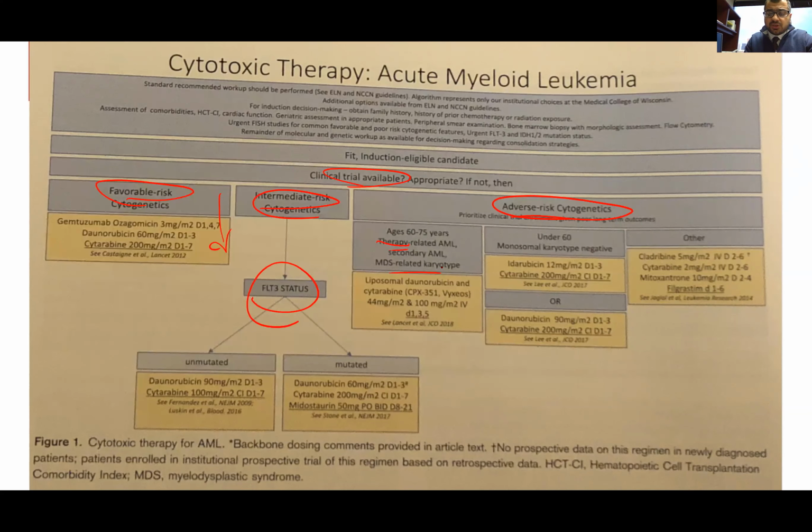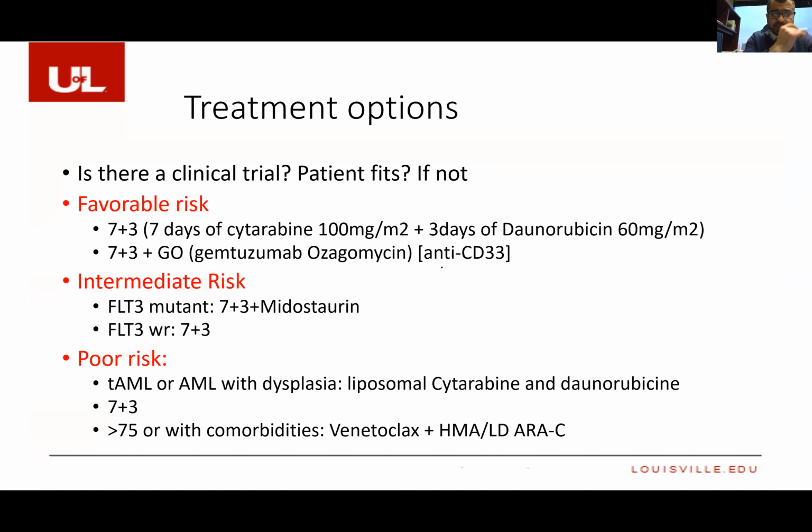And as I mentioned a little earlier, the utilization of IDH inhibitors has appeared to be of significance. So again, this is a reiteration in a different way. Generally speaking, clinical trial, patient fits, go for it.